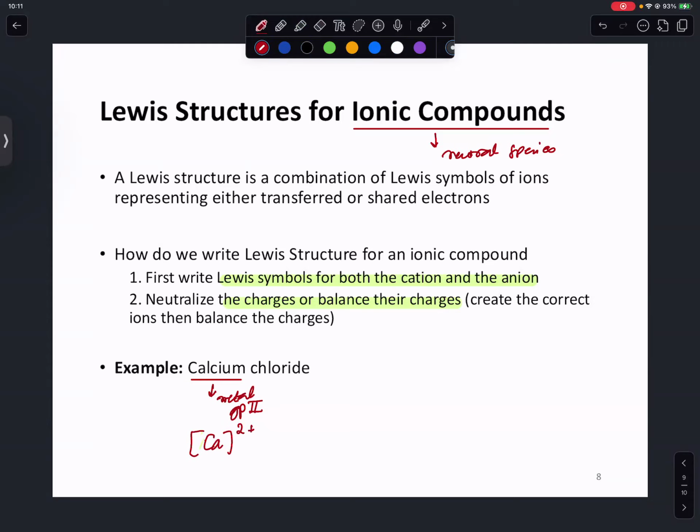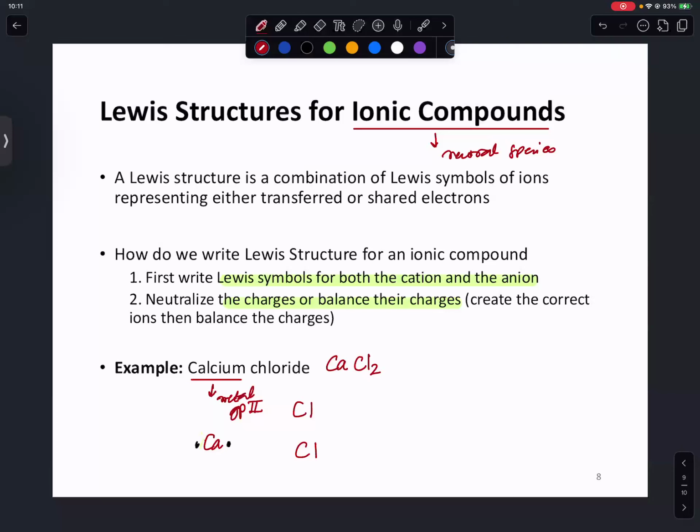Okay, now for the chloride, chloride is the anion. Actually, before I draw it out, I am backtracking, so I'm going to show you calcium, and we're staying with the element so far, and then I'm going to draw the normal chlorine. So chlorine, and chlorine. So we have here calcium chloride is CaCl2.